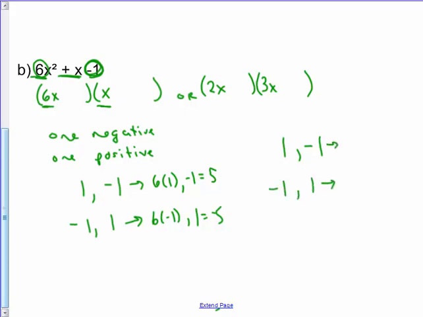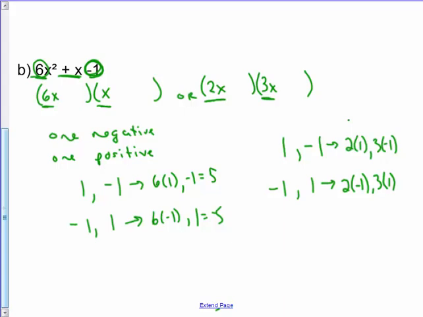Again, I just switched these. So now I take 2 times 1, and 3 times negative 1. On the bottom, 2 times negative 1, 3 times 1.